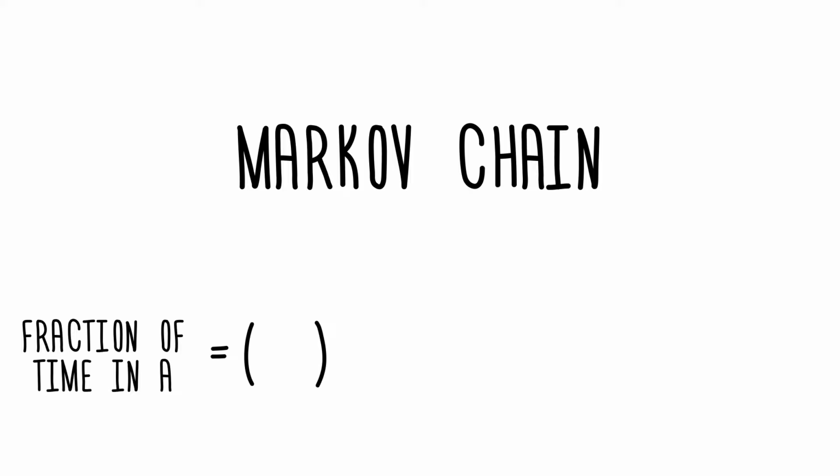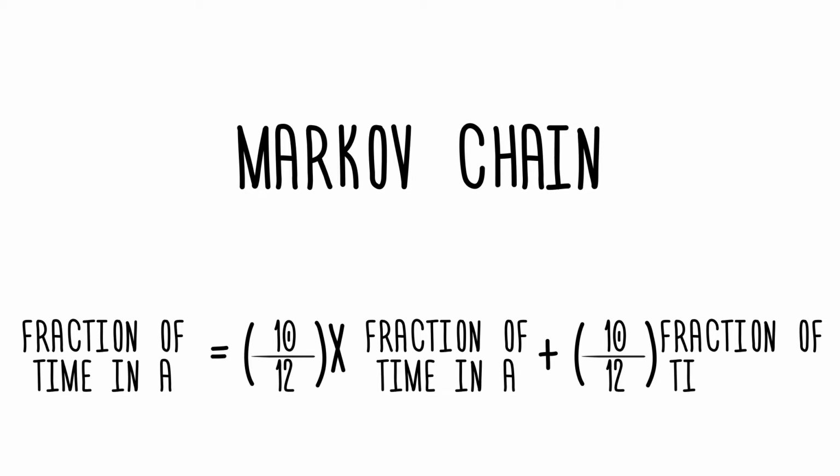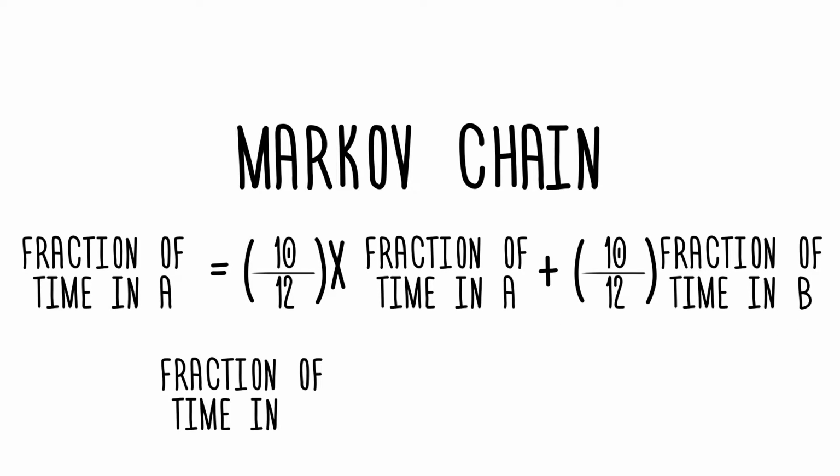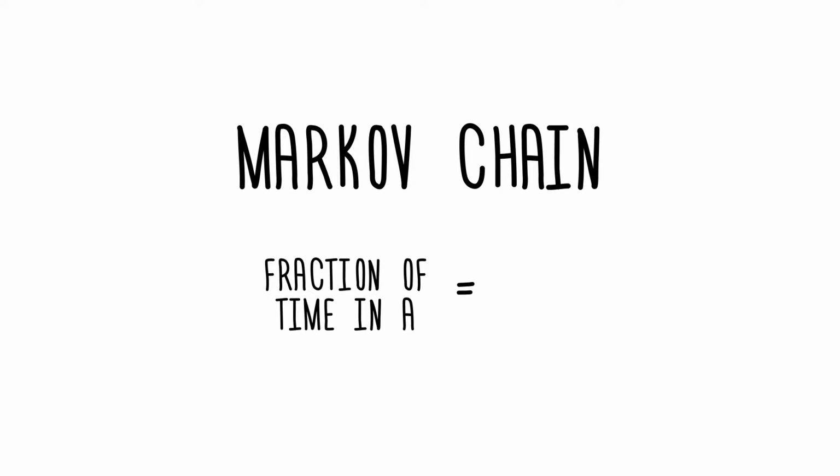If we carefully examine the transition rule, it suggests that the fraction of time spent in state A equals 10 over 12 times the fraction of time spent in A plus 10 over 12 times the fraction of time spent in B. Since the fraction of time spent in A plus the fraction of time spent in B is equal to 1 by definition, we have that the fraction of time spent in A is equal to 10 by 12. Voila!